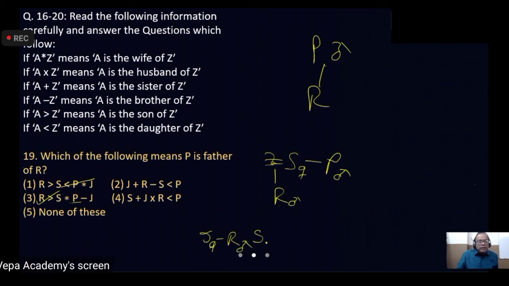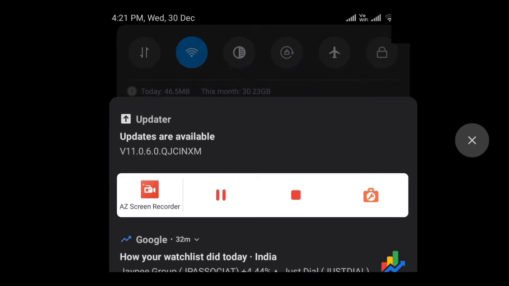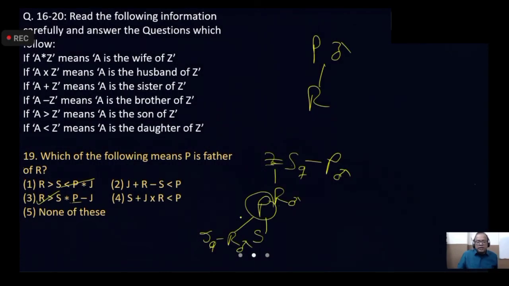Then S is less than P. Less than means daughter. Daughter of P. Right. So here also we have P is parent of R. That is clear. But P is male or female, that is not clear. For that reason, choice number 2 cannot be accepted as a valid answer.